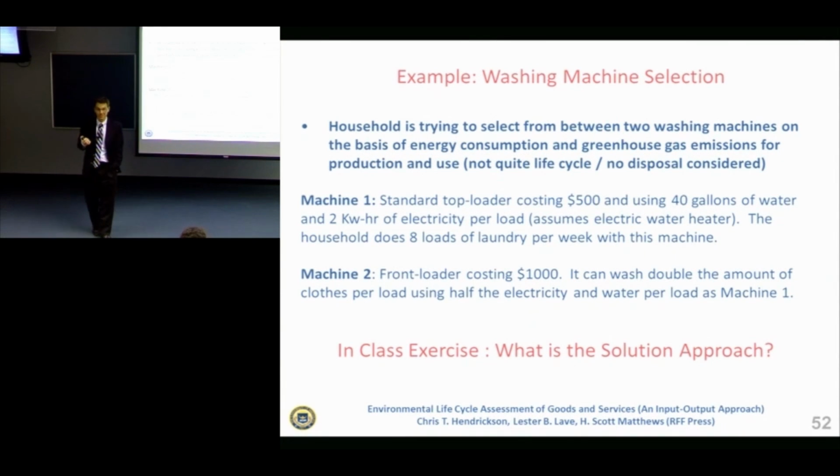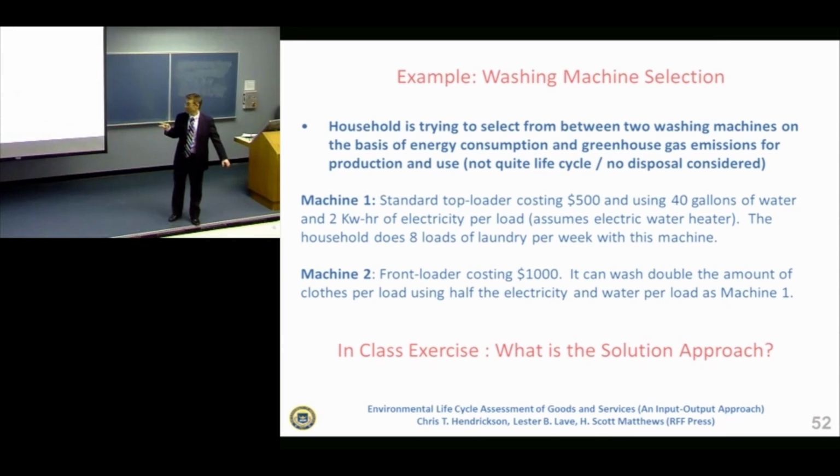In-class exercise. Okay, so grab a sheet of paper or whatever you're going to write on, stone tablet, gum wrapper, and put your name on it, and answer this question. You've got two washing machines that you're comparing. One is a top loader.